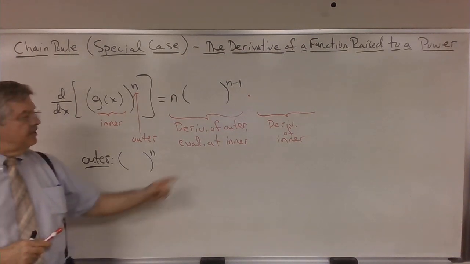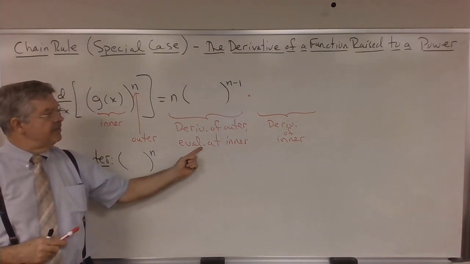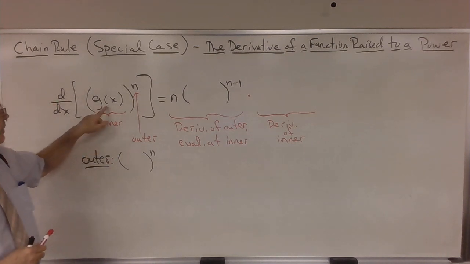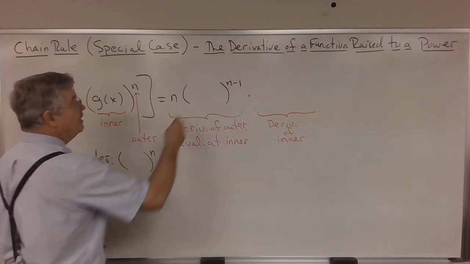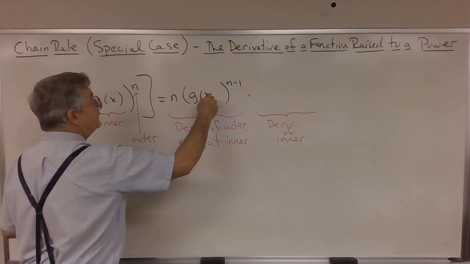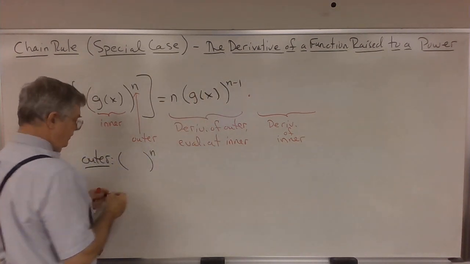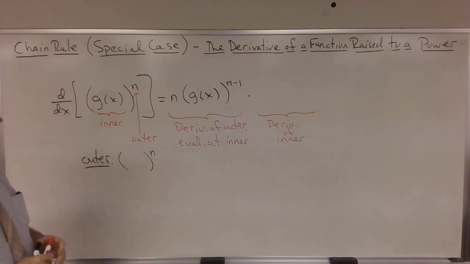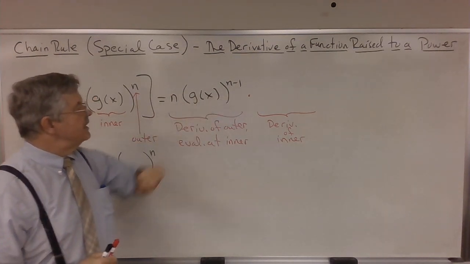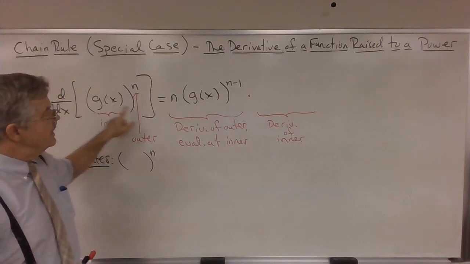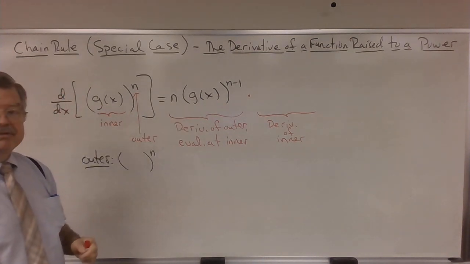And the chain rule tells us we have to evaluate this at the inner. So we take the inner function, g of x, and we plug it in to the derivative of the outer function. So there we have it. Derivative of the outer, n something to the n minus 1, evaluated at the inner, g of x.